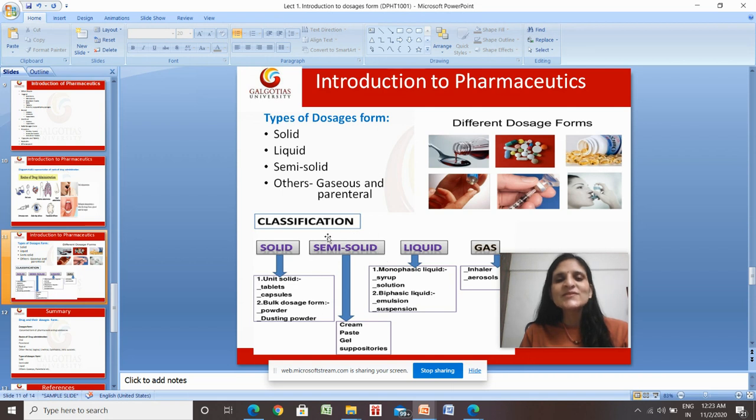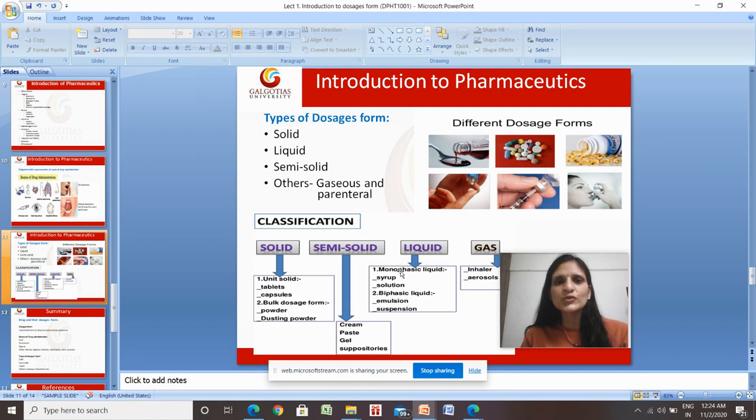Next is semi-solid dosage form. Semi-solid dosage form includes cream, paste, gels, and suppository. Suppository is used in rectal or vaginal site, male and female. Third category is liquid dosage form. Liquid dosage form includes two subdivisions, monophasic and biphasic. Monophasic means single phase system, that means one layer system.